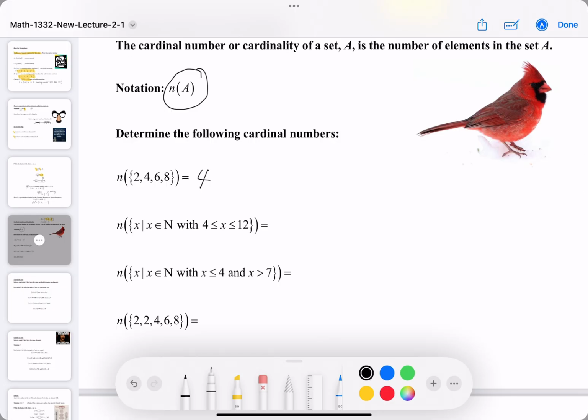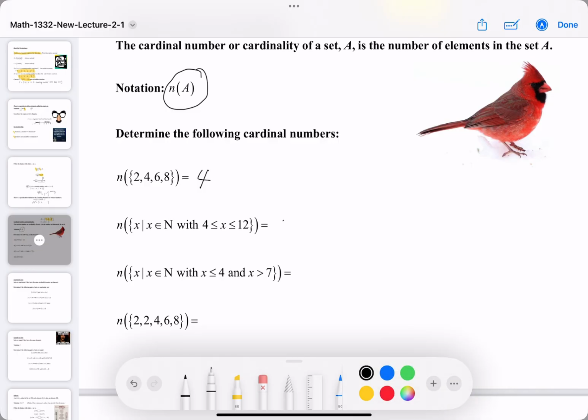And next one. So n of the set of all x such that x is a member of N, N is counting numbers. So the condition is x is greater than or equal to 4 and less than or equal to 12.